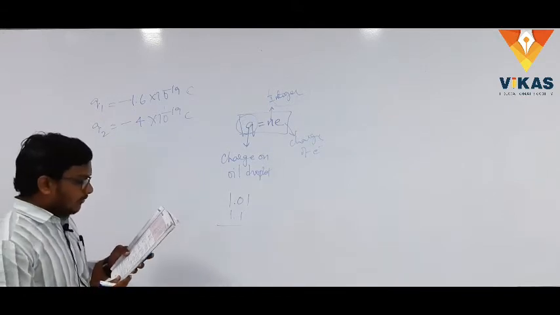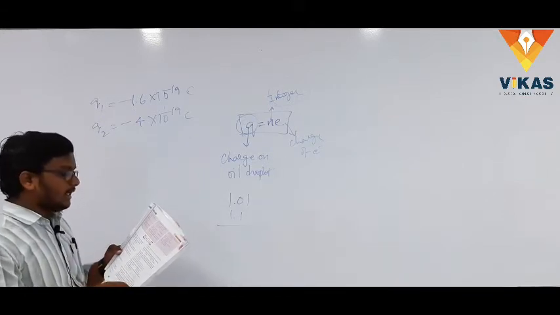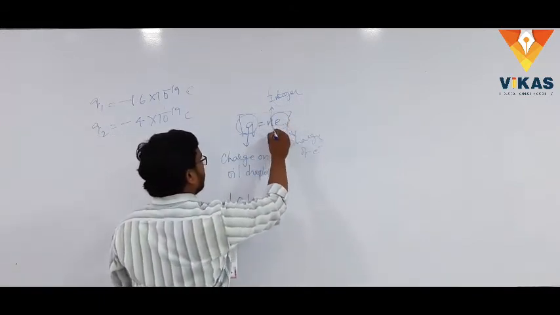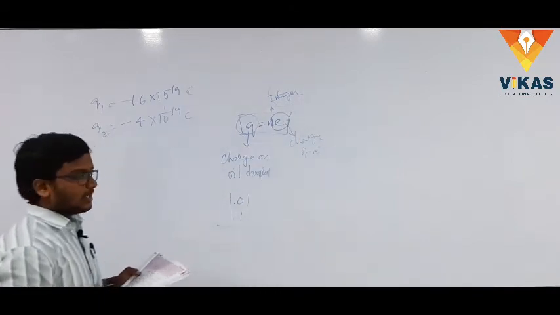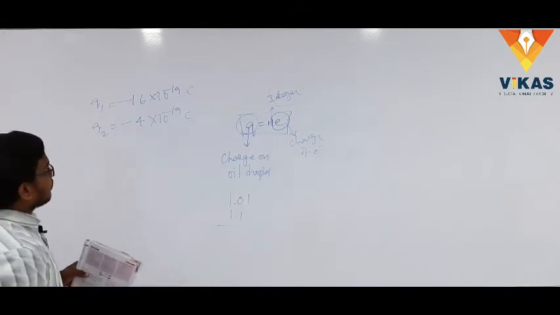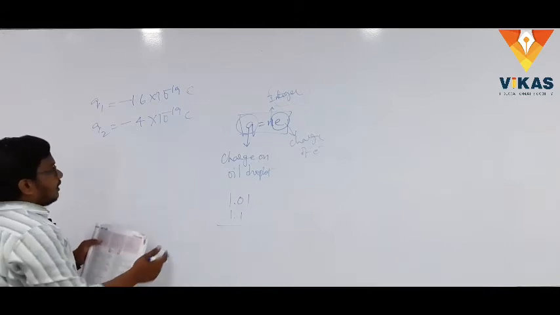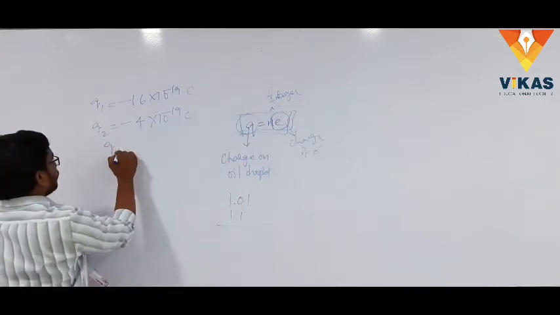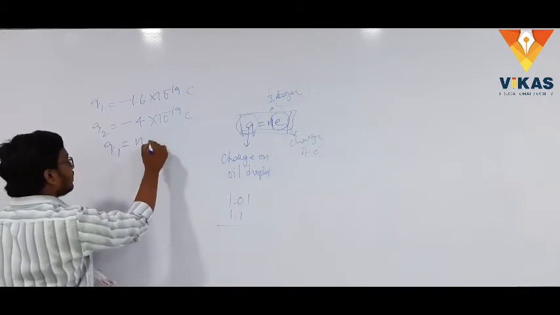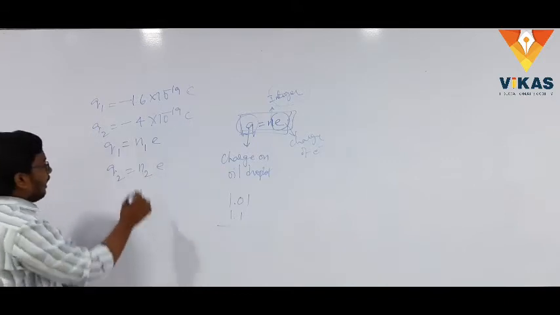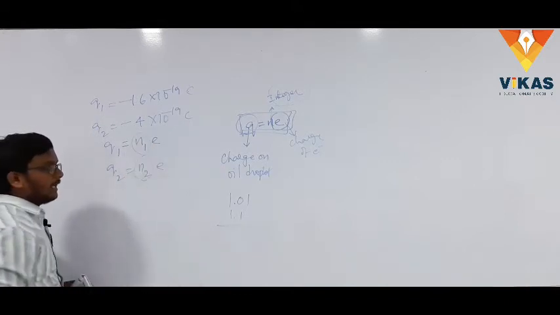And what they are asking is the value of the electronic charge indicated by these results, that is, the charge of an electron, so that it obeys this formula, right? So, Q1 is equal to some N1 into e and Q2 is equal to some N2 into e, and N1 and N2 should be integers.